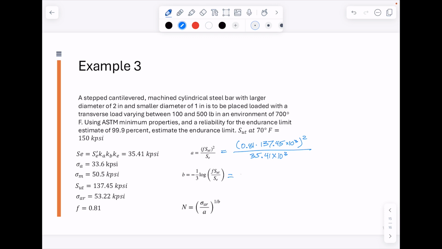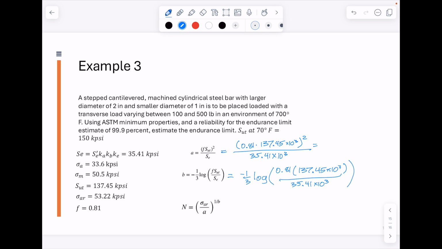And here for B, we'll have a negative 1/3 times the log of 0.81 times our Sut, which is 137.45 times 10 to the third, all over our endurance strength, which was 35.41 kpsi.